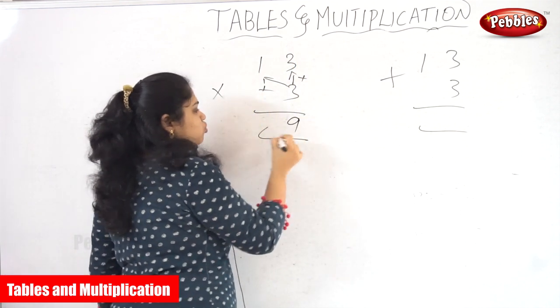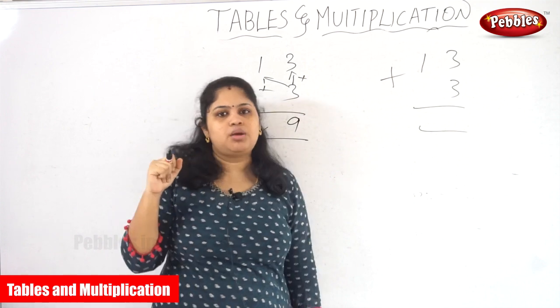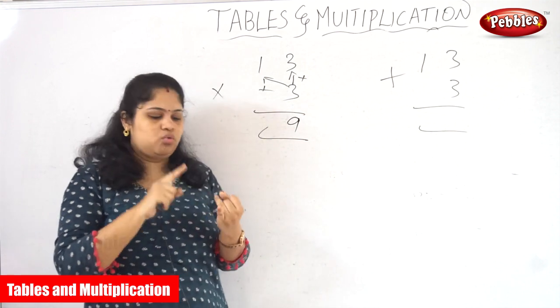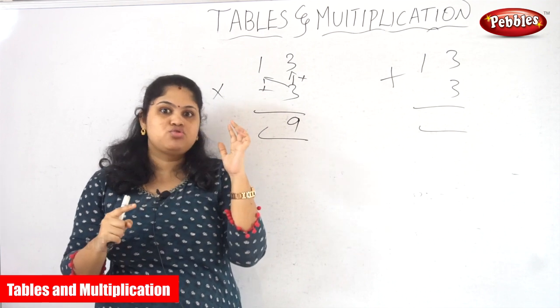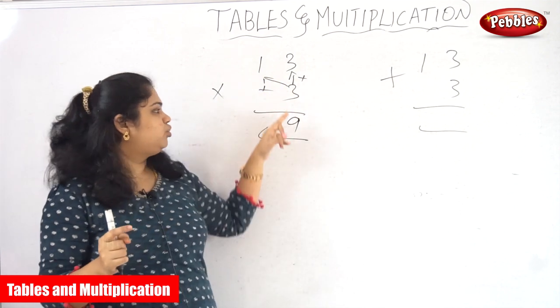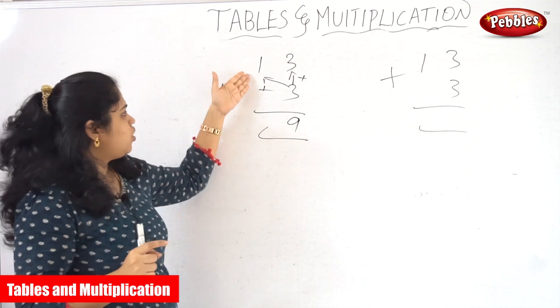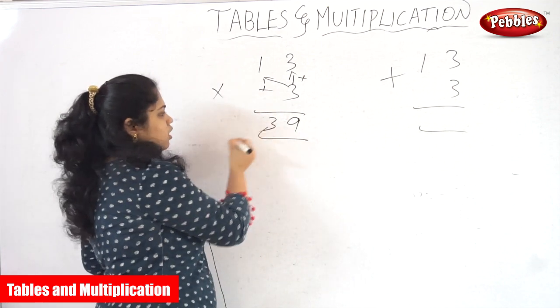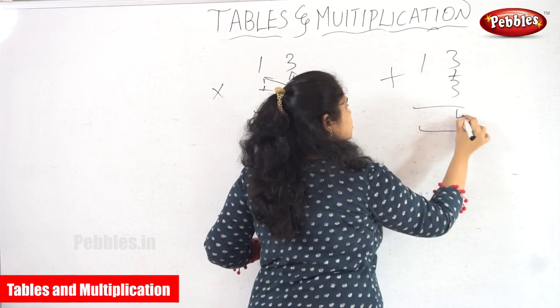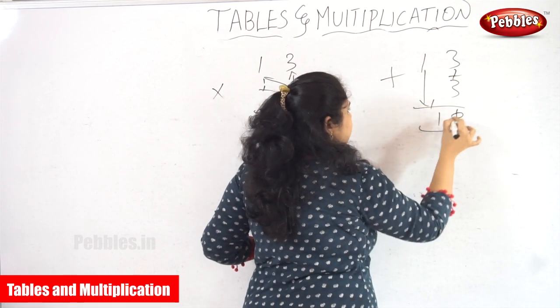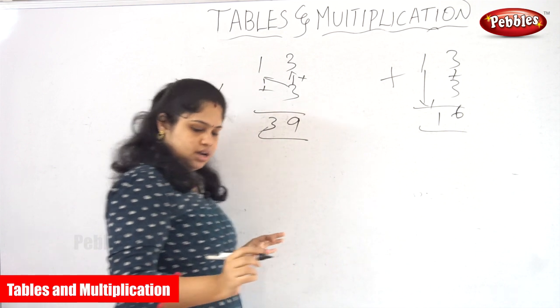Here you should be very strong in the tables. You don't need to count again. 3 into 3 is 9. Next, 1 into 3 is 3. In addition, you perform 3 plus 3 is 6. Here the 1 comes down. 16 is the answer.